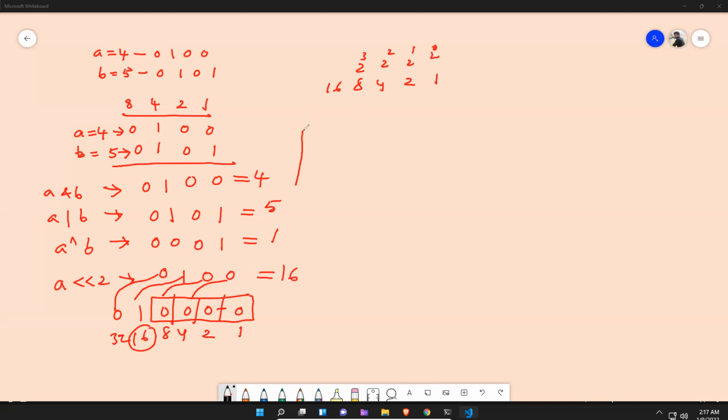Okay, so now we'll take A right shift 2. What is A first? 0 1 0 0. Right, same 4. Now it is right shift.